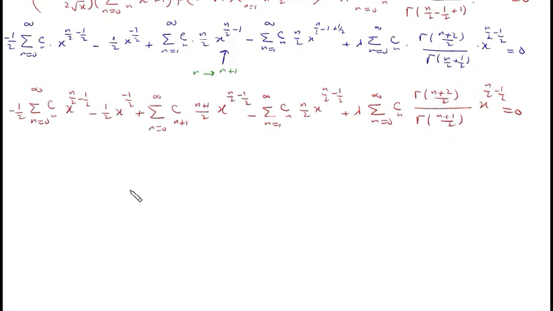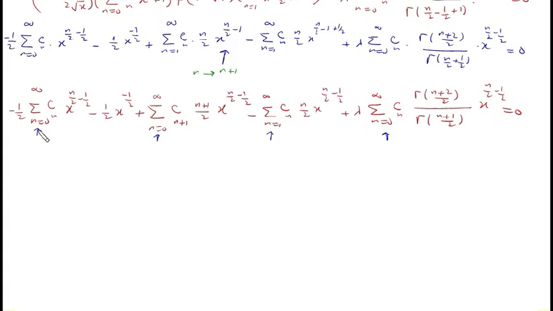Okay, now we have made the powers of x in each term the same, but now we have a different issue, and the issue is this, that there is one series which is starting from 1, but the other series are starting from 0. In order to combine all these series, I need all these series to have the same starting point. So what I can do, I will open one term of the series which are starting from 0.